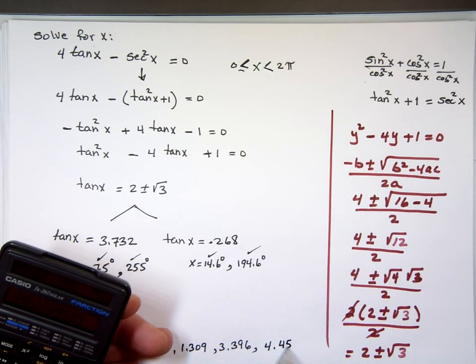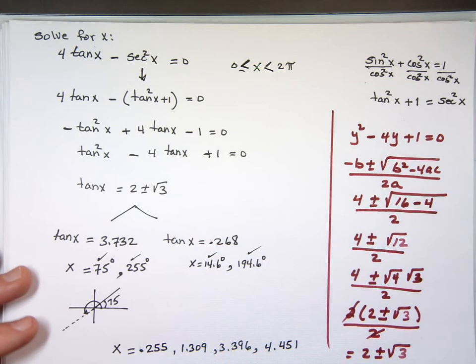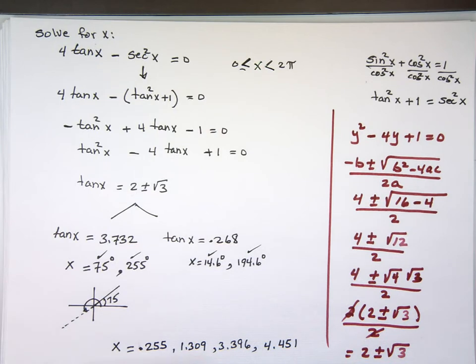So these are the four answers that if you plug them in here, this should go to 0. Close to, because we're rounding, it will be very close to 0. So when you have a tangent, just add 180, or if you're in radian, just add what? Pi.